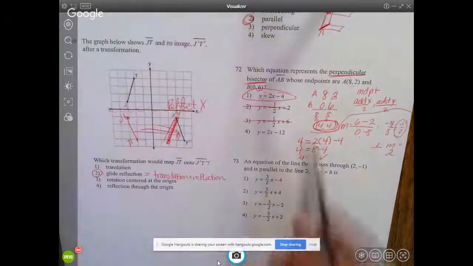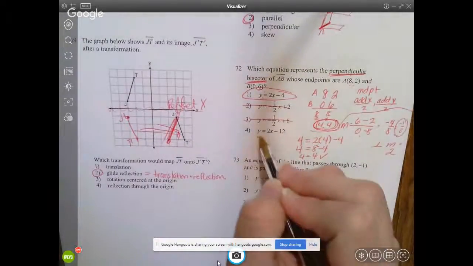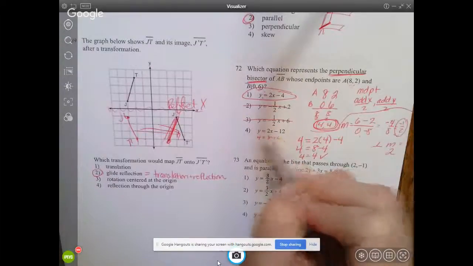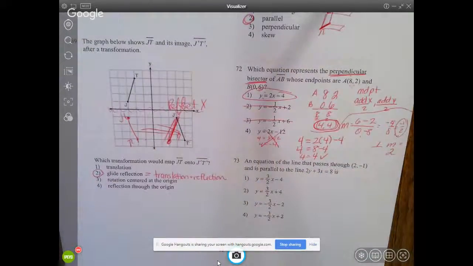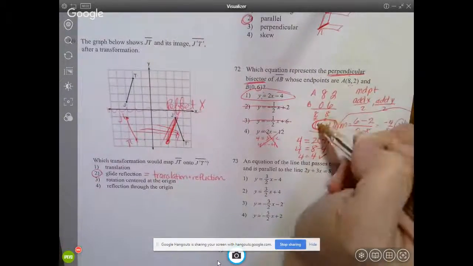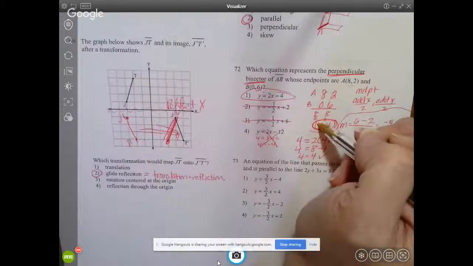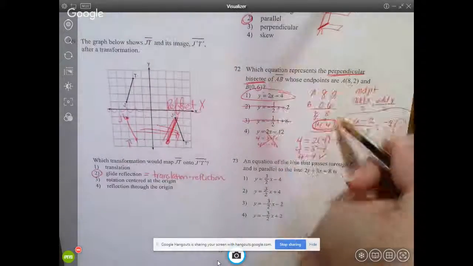If I put it in here, I would get 4 equals 8 minus 12, 4 equals -4, which is not true. So basically, the two things I did: first, I found the midpoint because I know the midpoint has to be on the line. It wants the perpendicular bisector, so I found the bisector first.